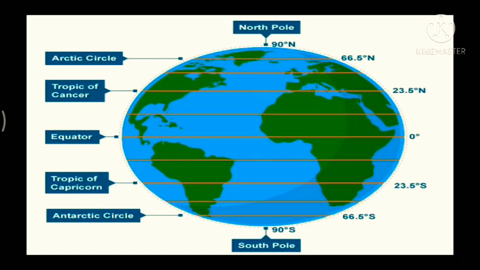Likewise, in the southern hemisphere we have the Tropic of Capricorn, that is 23.5 degree south, and we have the Antarctic Circle, that is 66.5 degree south, and we have the South Pole, that is 90 degree south. So all these are the important latitudes that you need to learn.